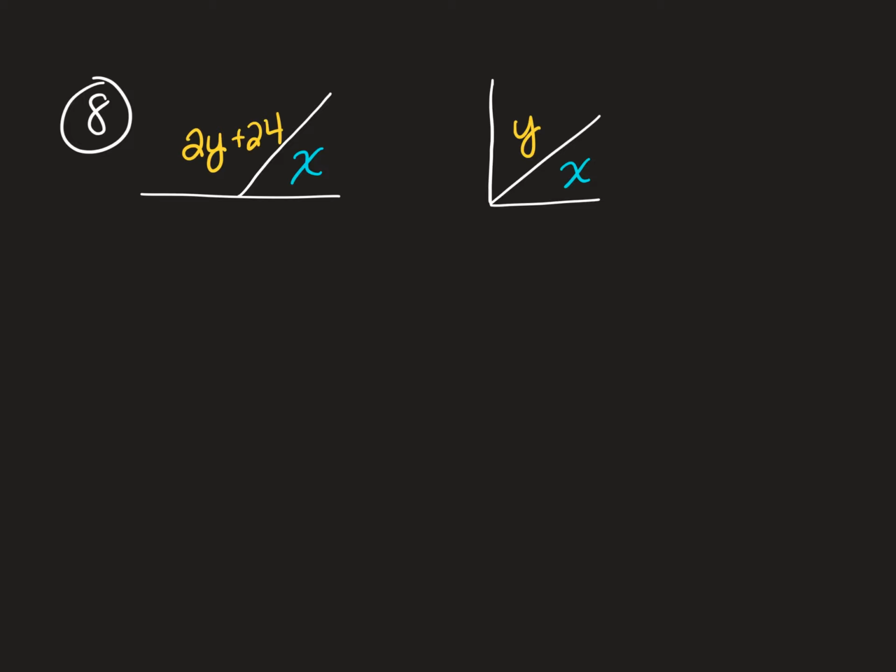So if you think you know how we can set something up from here, just type an exclamation point in the chat. And I may have you share then. If you have an idea of what we can do from here to set something up that'll help us actually figure out what x and y are, just type an exclamation point in the chat.